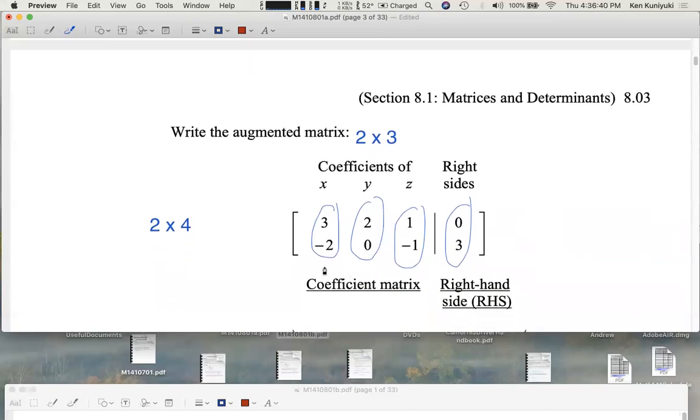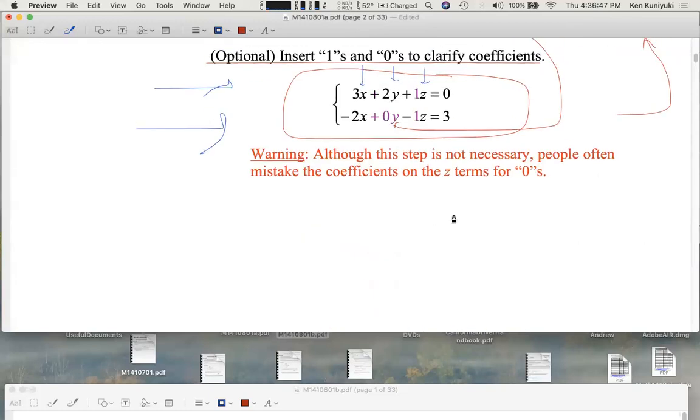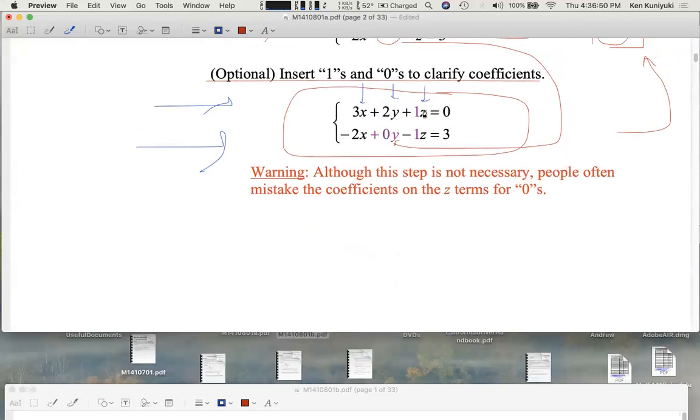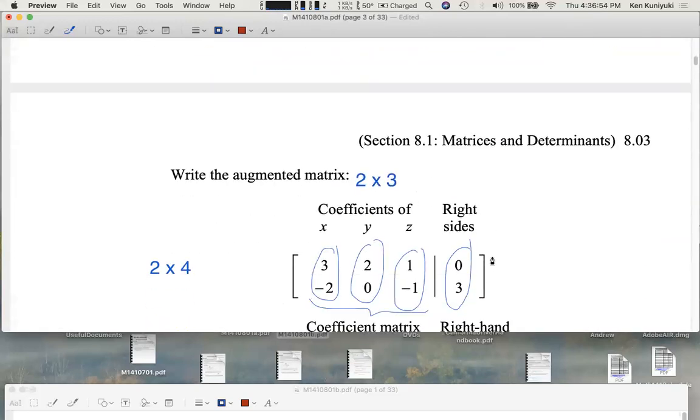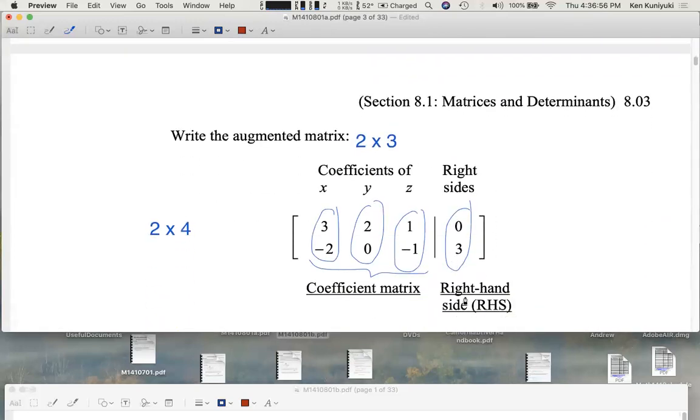The coefficient matrix consists of these coefficients to the left of this slash. The slash here corresponds to the equal signs that separate the variable terms from the constant terms. The constant terms on the right sides make up the right-hand side, the RHS. You can think of this as a vector or a thin matrix.